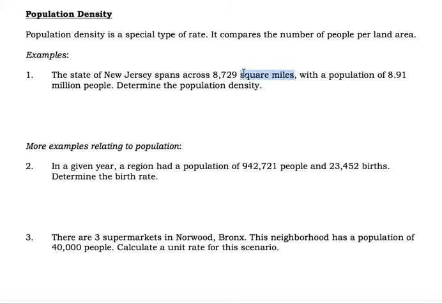If I want to compare it to 1 square mile, I have to determine the unit rate, because that's how a unit rate is defined. Remember, you compare a value to just 1 unit. So I'm going to set up my division.